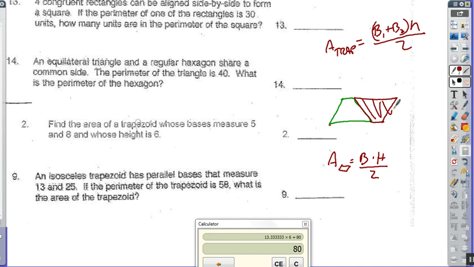So we have 5 and 8. 5 plus 8 is 13. So we have 13 times 6 divided by 2. So that's 3 times 13, which is 39.